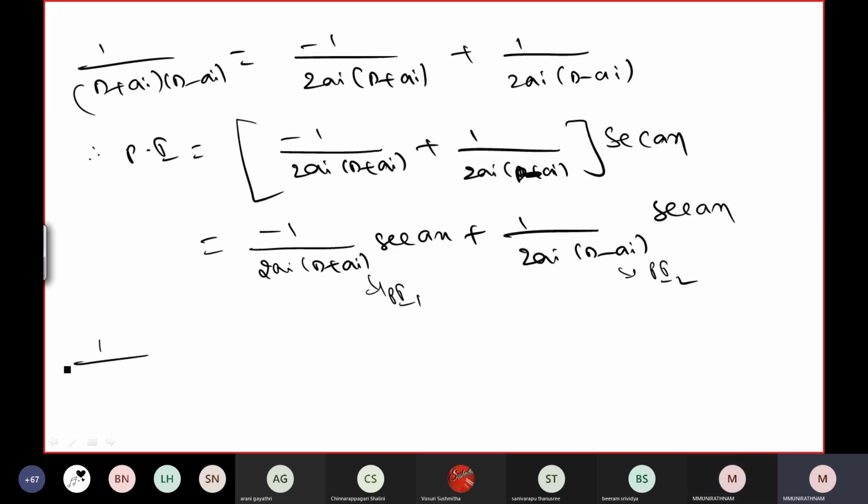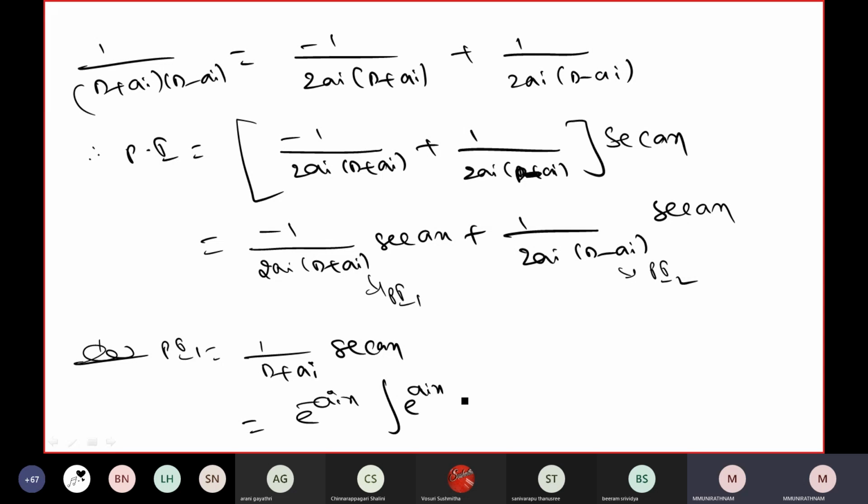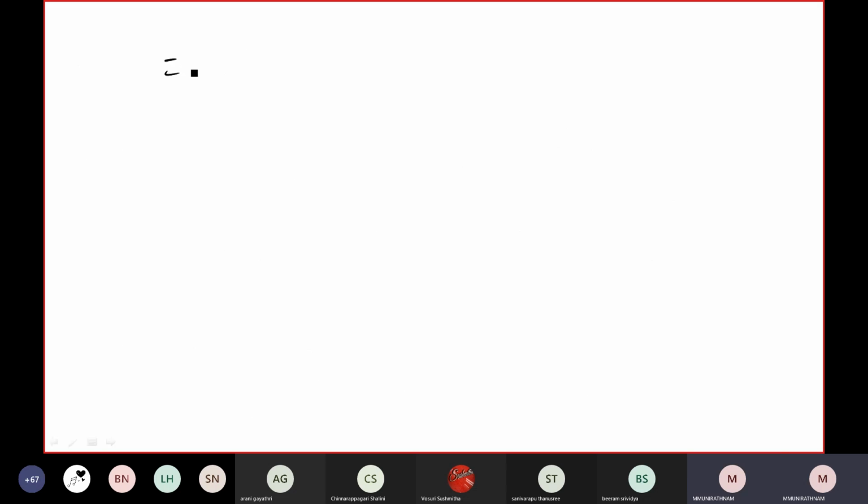PI1 is 1 by (D plus ai) secant ax. How can we write this? e power minus aix into integral of e power aix into secant ax dx. Correct? So e power iax, how can we write it? cos ax plus i sin ax, sir.